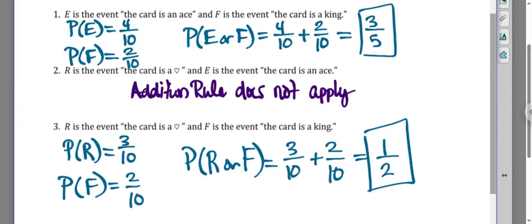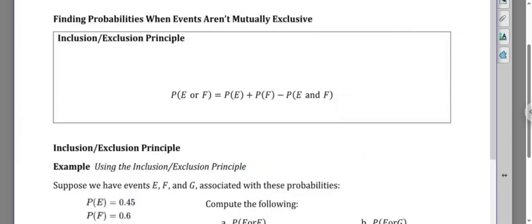So if they're not mutually exclusive, meaning the card is a heart or the card is an ace. Well, if I figure the probability of the hearts and I figure the probability of the aces, that means this ace of hearts has been counted twice. So when they're not mutually exclusive, we have to take out the duplicates.